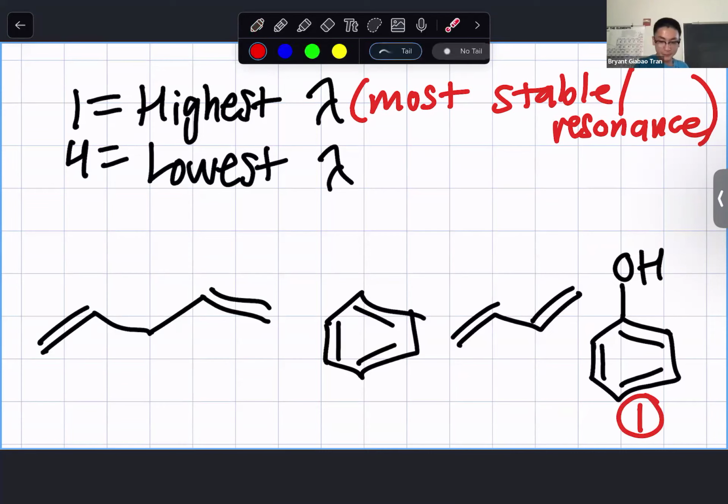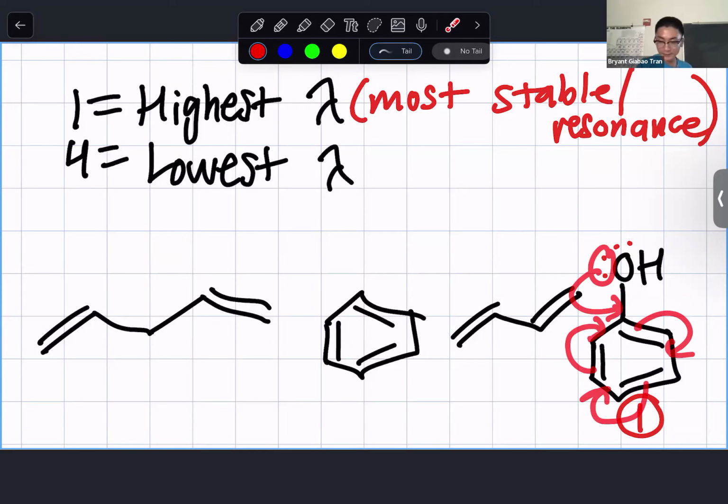we see that the benzene ring here is doing resonance itself, but also we have this group right here on the benzene ring that has lone pairs of electrons, where these lone pairs of electrons can donate electrons into the ring, increasing its resonance power, right?